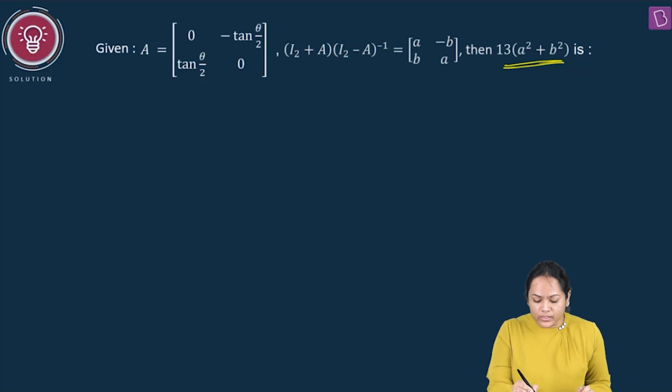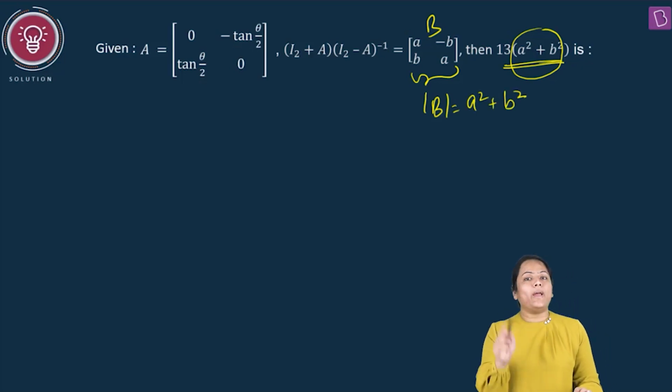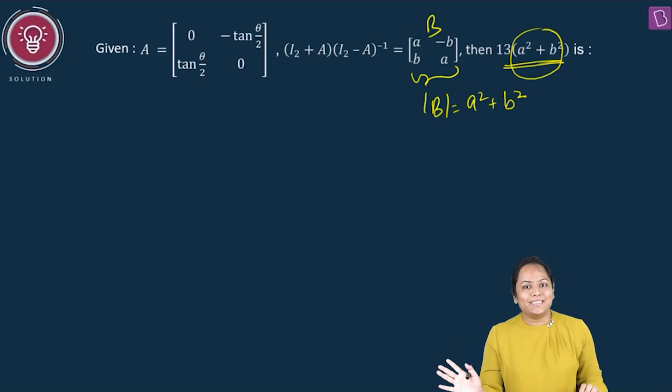What we have to do is, if I want to get A square plus B square, that means this matrix, let me take this as B. The determinant value of B is nothing but A square plus B square itself, isn't it? So anyhow, if I can get the value of determinant of matrix B, I'll get the answer, right?